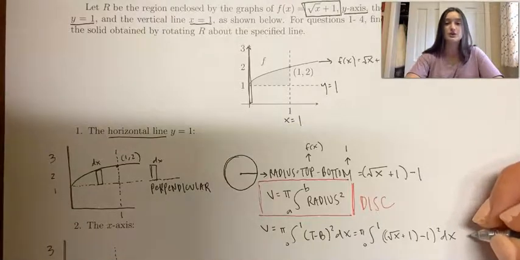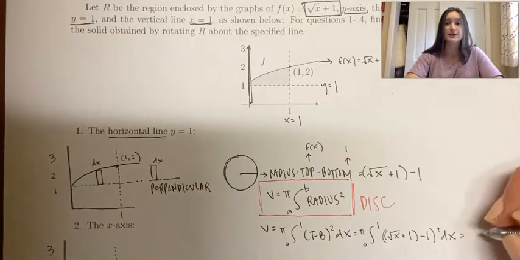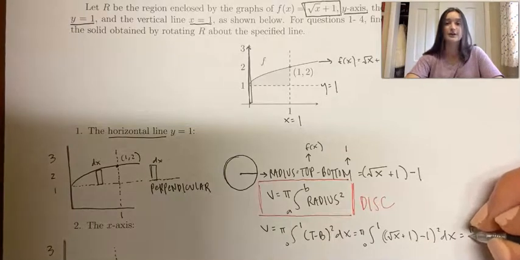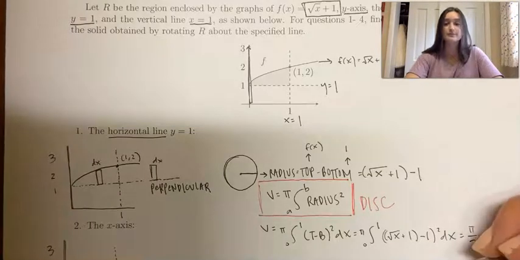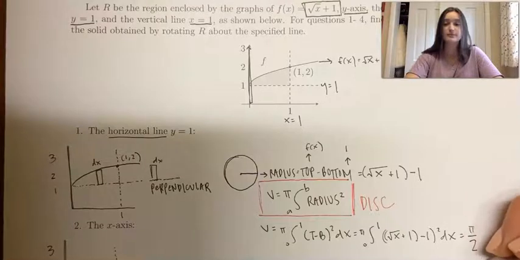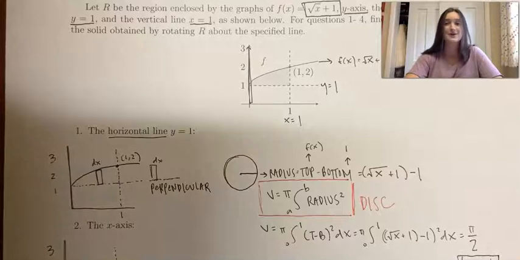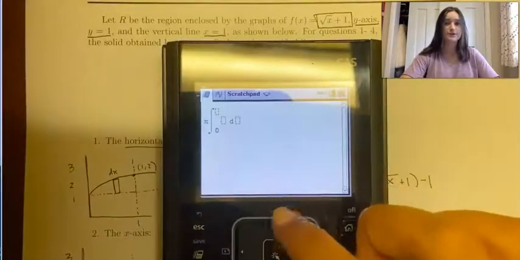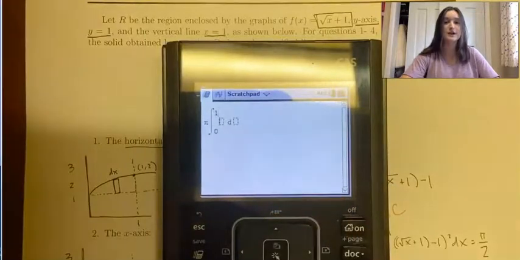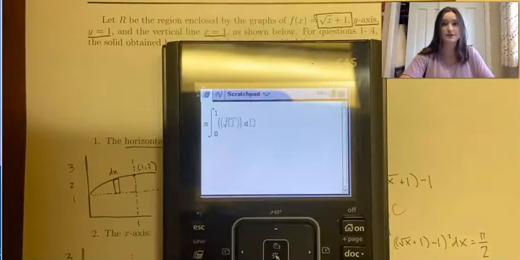Okay, so I'm going to show you this being plugged into the calculator to find the answer that I'm writing out now. You can't see that, but pi over 2 is, let's see, 1.571. So let me show you that in the calculator. Okay, so you can see I'm just typing this in. My calculator might look a little bit different from yours, but if you take calculus, you could have a calculator that can do this.